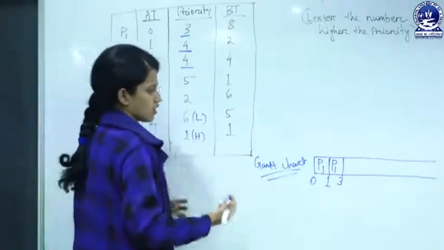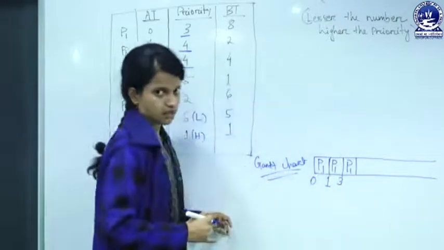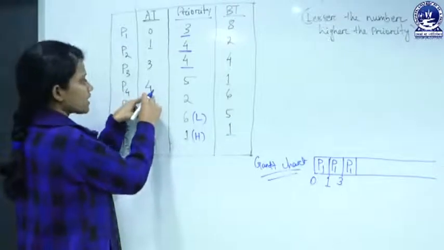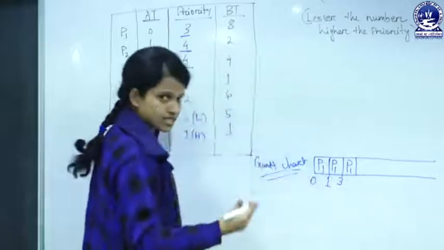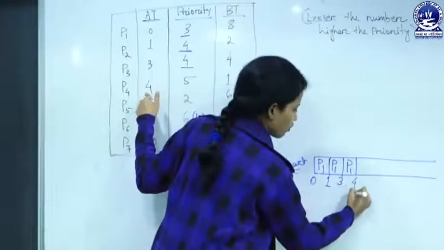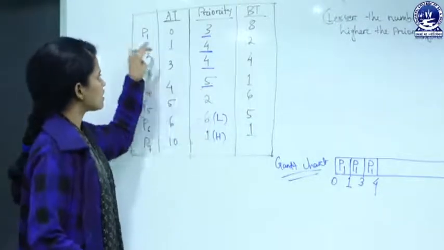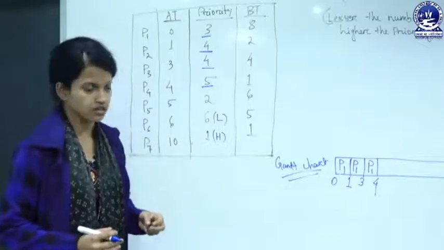P1 again continues its execution till the next process comes. The next process, P4, has come at 4. So it will execute till 4. At 4, the priority is also lower than the currently running process, so context switching is not happening here.